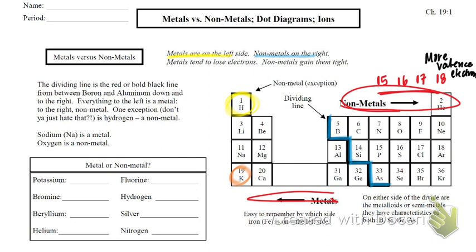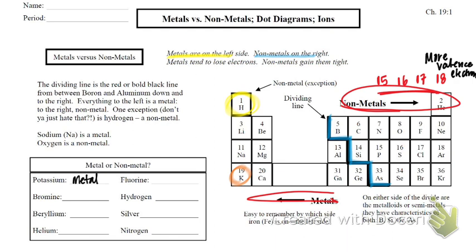Left or right? Left. It's on the metal side. So even though you feel like that, potassium is a metal. We are considering everything on the left side. Just hydrogen there. Everything below hydrogen is a metal.